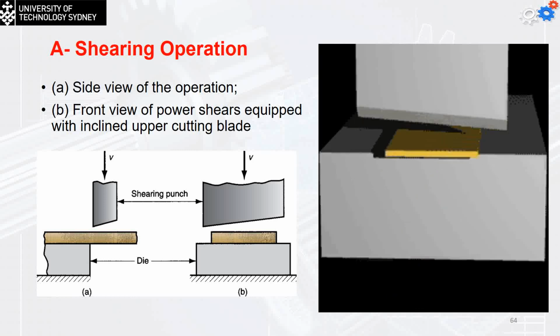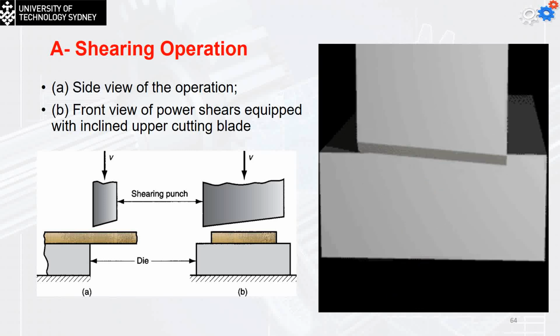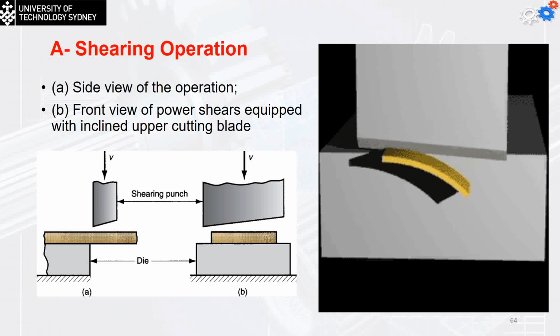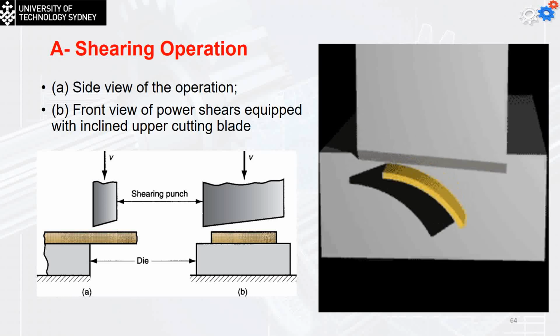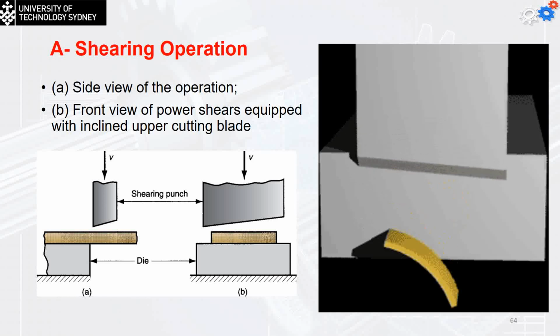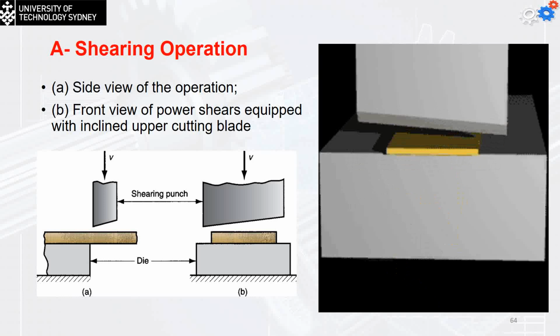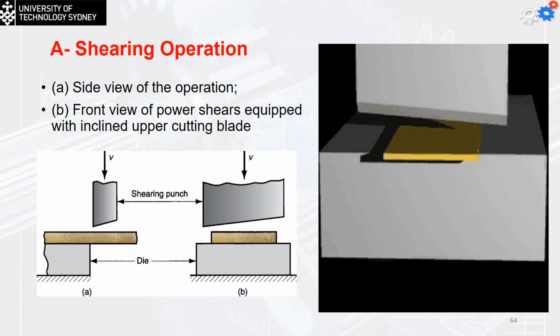So we're going to have less force exerted and higher pressure on the work part, thus the cut is going to be faster. The shearing punch is going to apply at a certain velocity, start the contact at one point, and exert the highest pressure on that point, so the shearing will start at one end, then continue to the other end.